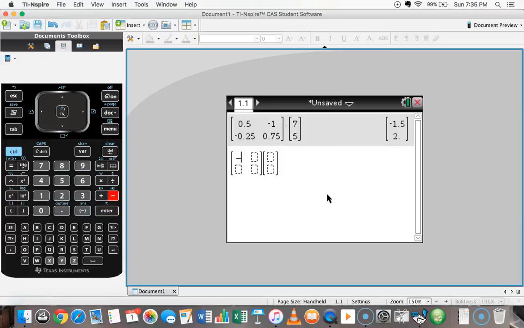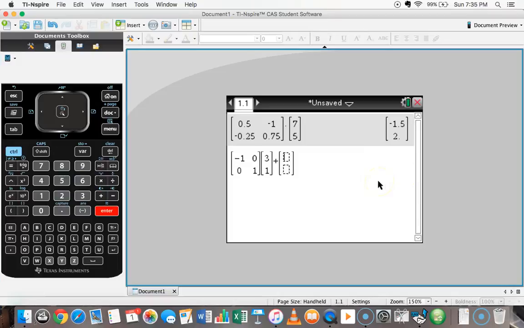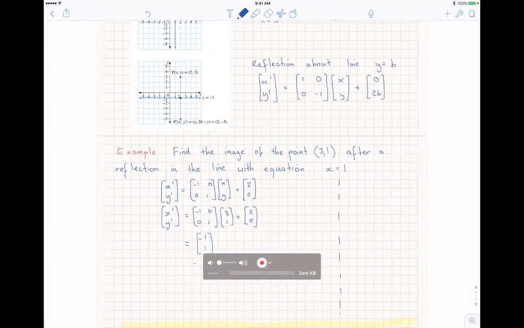So we've got -1, 0, 0, and 1 multiplied by 3, 1, and we are adding another matrix, and it's the matrix 2, 0. Hit enter, -1, 1. Done.